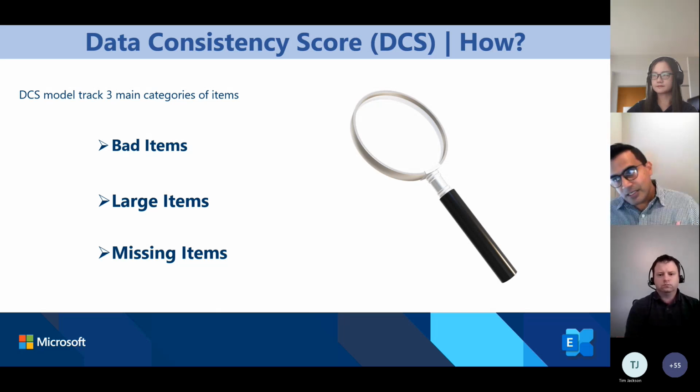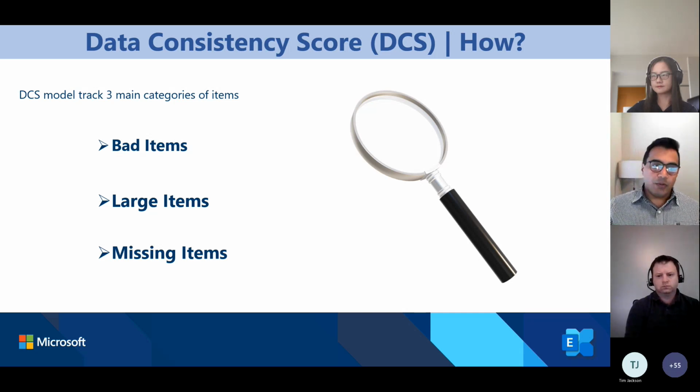Bad items as in corrupt data, properties, orphan permissions, etc. Large items as in, for on-prem to external migration, the limit is 150 megabytes per item. For IMAP, it's 35 megabytes. If you have items larger than that, those particular items will fail. So we look into that when we calculate the score.